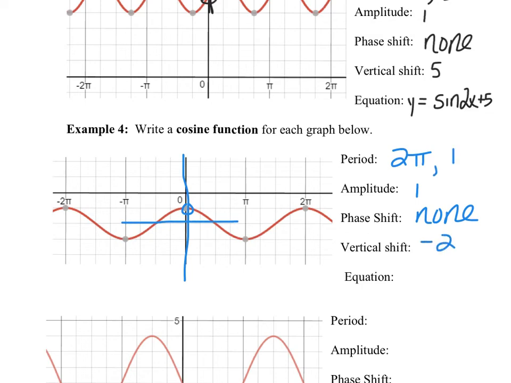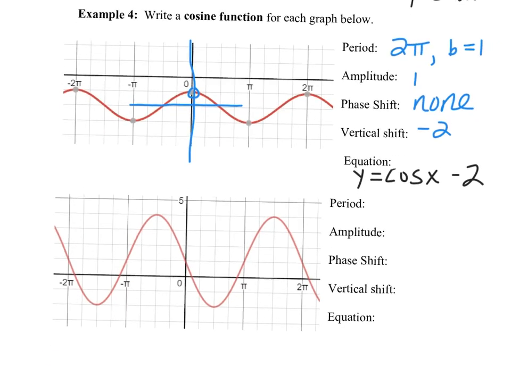So if your period's 2 pi, b is 1. And this is a positive cosine function. So my equation is going to be y equals cosine of x and then minus 2 because you shifted it down 2.